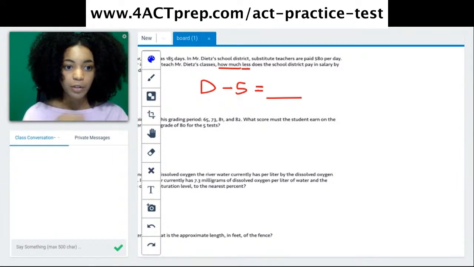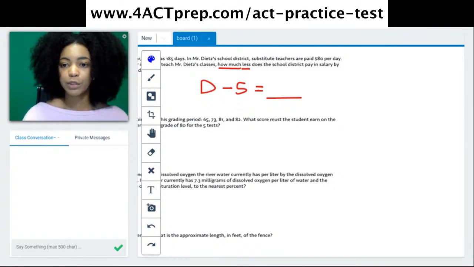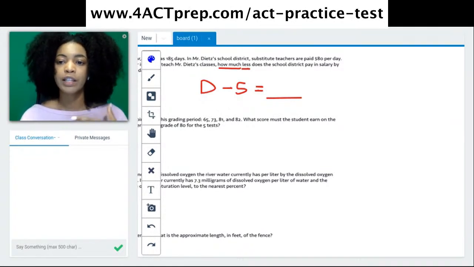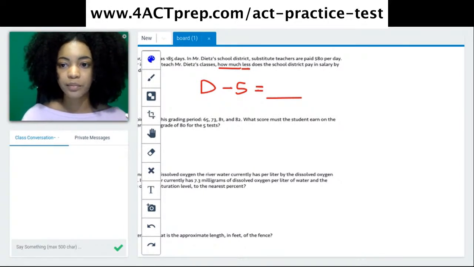Okay, so I worked backwards, found the question mark, then honed in on what the question was asking me using their words. I created the quote unquote equation. So Mr. Deets' daily pay, because it says for that day, minus the substitute's pay for that day is going to equal my answer. Now let's go back and see if we can find out what Mr. Deets' daily rate is and the substitute's daily rate from the other information.